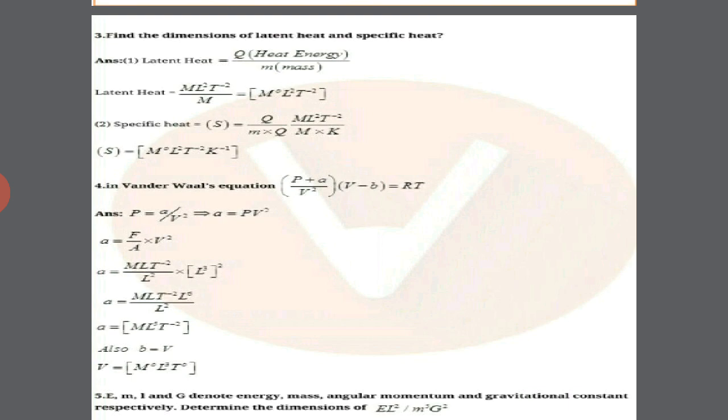So A is equal to force M L T minus 2 upon L square into L cube, which is volume, its square is there. So the dimensions of A is M L to the power 5 T minus 2. Also B is equal to V. So the dimension of B is M0 L cube T0.